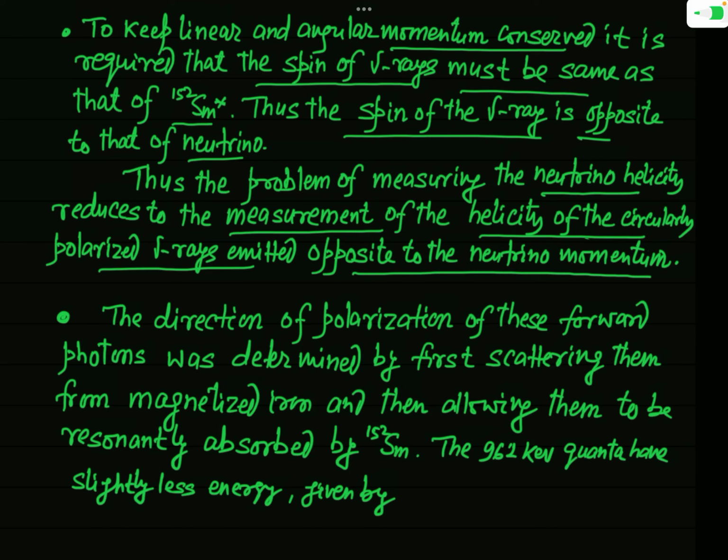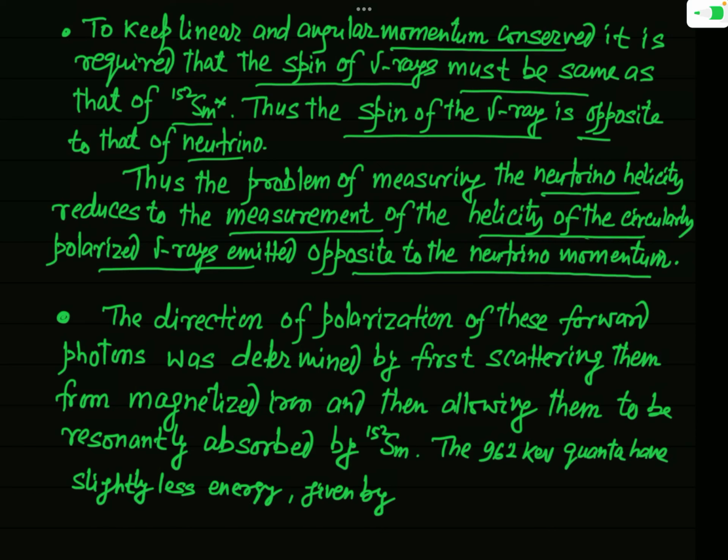As I have told you, gamma rays will be emitted in almost all directions, but you should focus only on those moving just opposite to the direction of the neutrino, and measure their helicity, which will be equal to the helicity of the neutrino. Now we will see these things in an analytical way. You can see here.